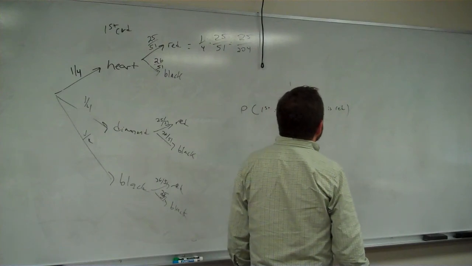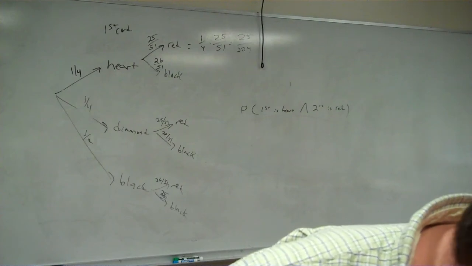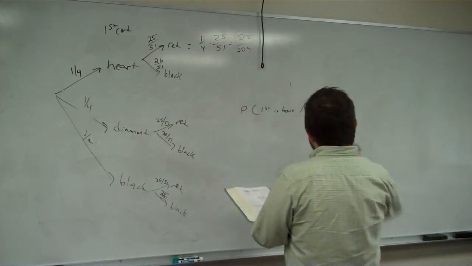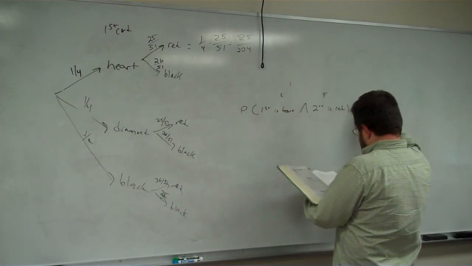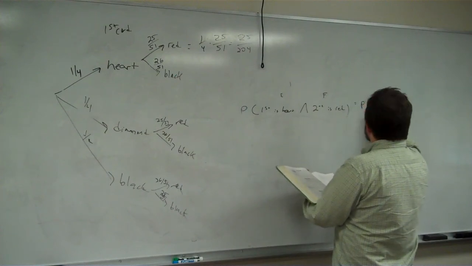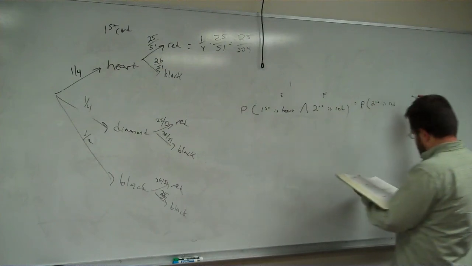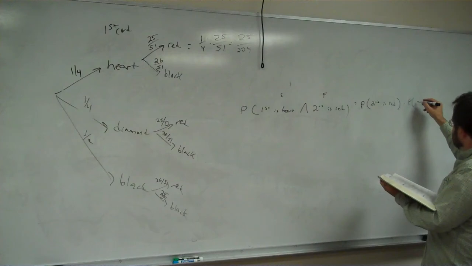Yeah. And in fact, we would have to go back to that product rule. Let's see, that makes this thing E and this thing F. So this would be the probability of F, which is second is red, given probability first is heart.